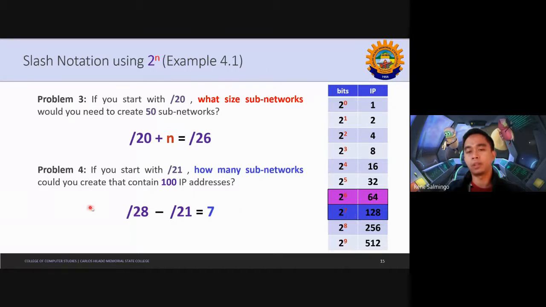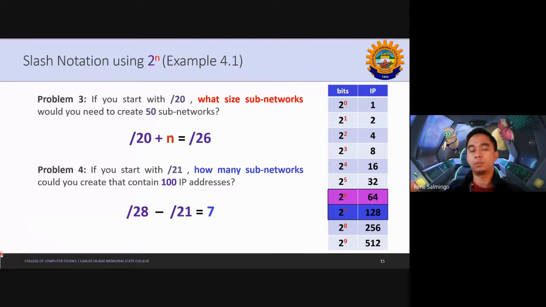So you just use the reverse path. You just need to add 7, and you have /28 in the same way. So 7 would be the answer. So you have 7 subnetworks, that is from /21 to /28.